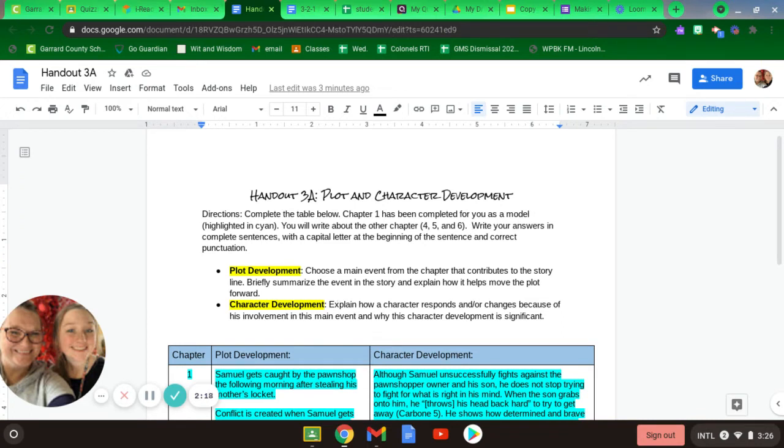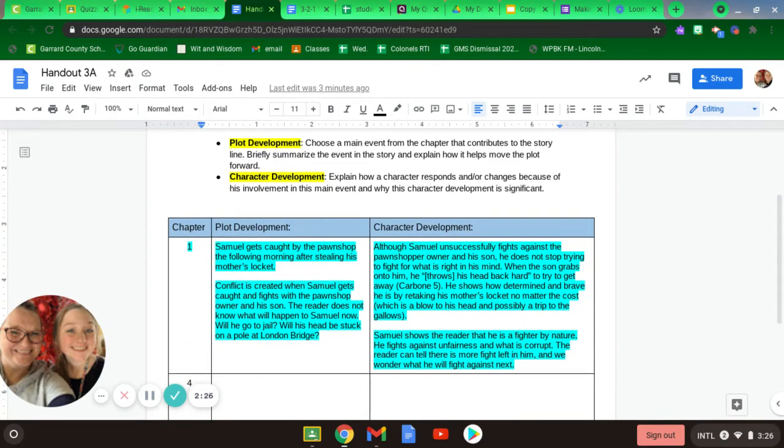Make sure you use complete sentences, just like the example gives you, with a capital letter at the beginning of the sentence and correct punctuation. So you're going to look at plot development and character development. Plot development is when you choose a main idea or a main event from the chapter that contributes to the storyline. You're going to briefly summarize that event in the story and explain how it helps move the plot forward.